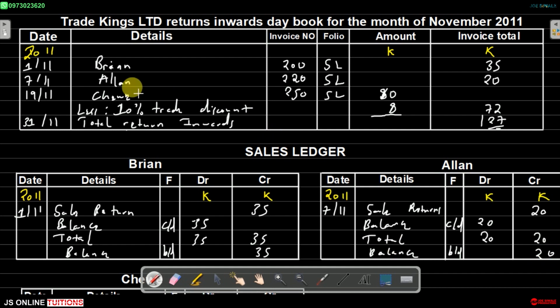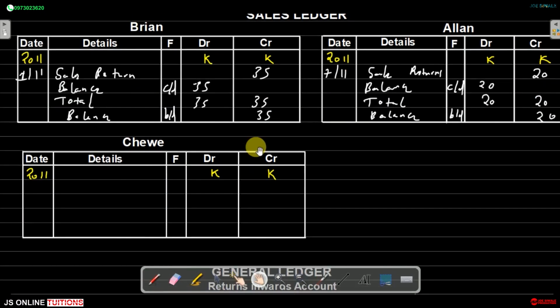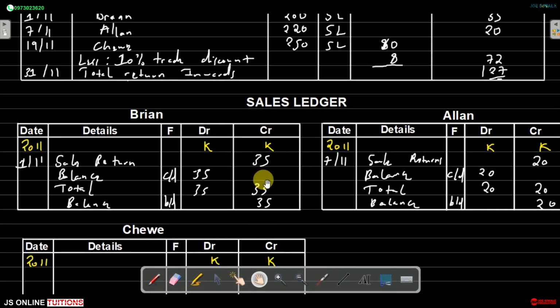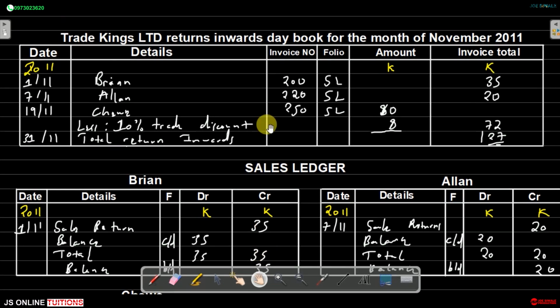Then the next customer that we can see in the returns inwards daybook is Chewe. So let us record that account. If we check in the returns inwards daybook, for Chewe the date is 19th of November, and the amount is 72.